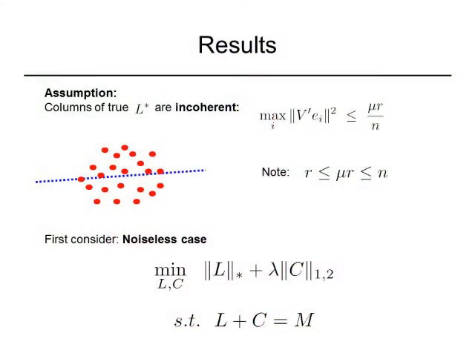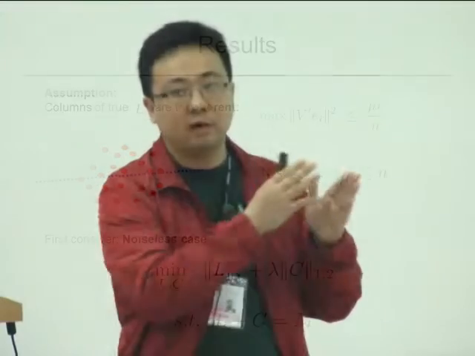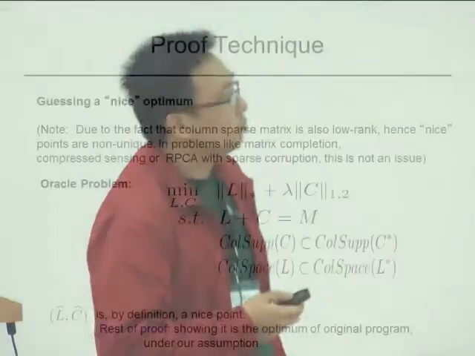Our first guess is that this optimization problem, our previous optimization problem, gives an optimal solution where L star, the L part, is exactly all the true samples, and the C star is exactly all the outliers. But it turns out that's not the case in practice. So if you run some simulation, you'll find that with 99% chance, you won't get this clean separation. But this doesn't really bother us, because we don't need that.